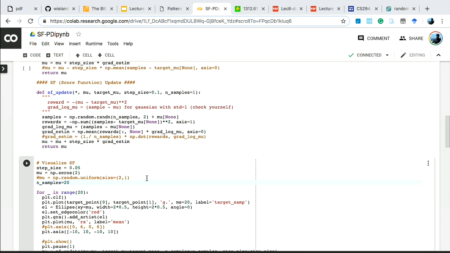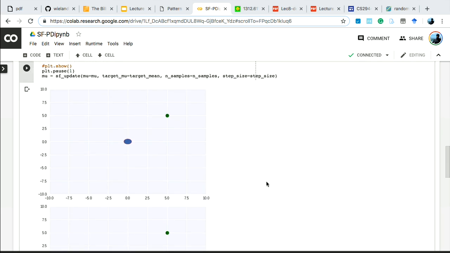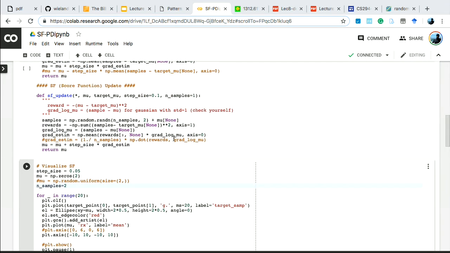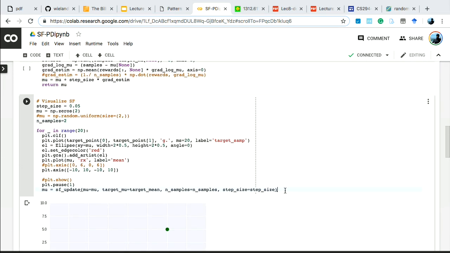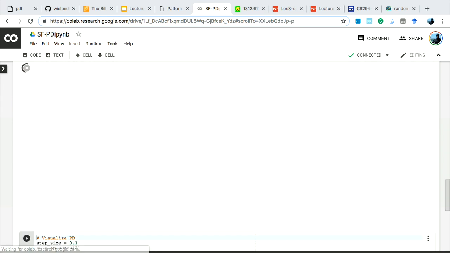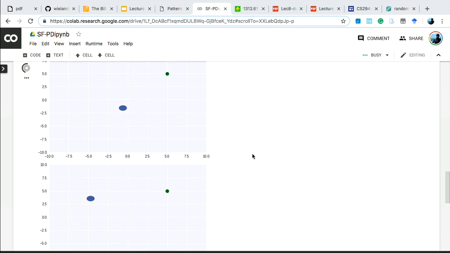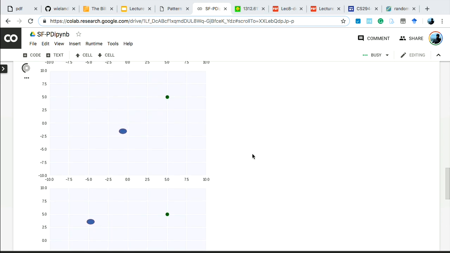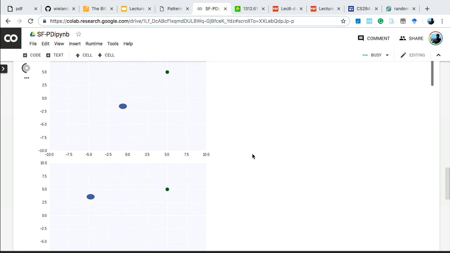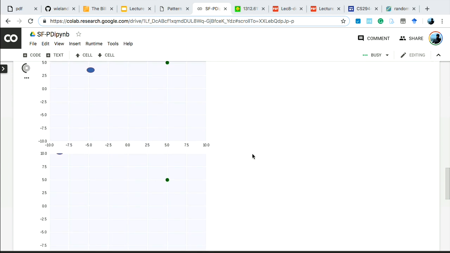So let's see what happens if you change this to say 2 samples. I want to show you the variance problem precisely here. The variance actually matters when the number of samples is very small, because the variance depends on the sample size, 1 over n. So you can see how the updates are pretty unstable.